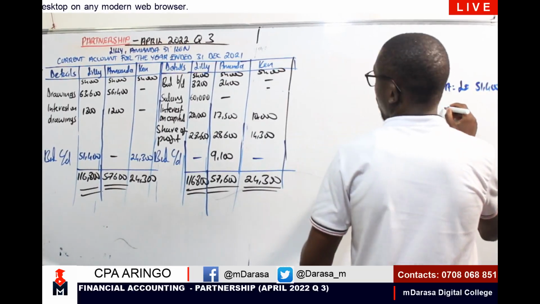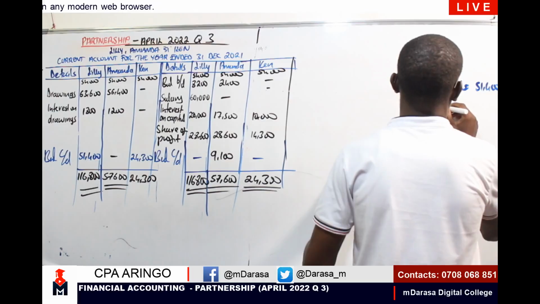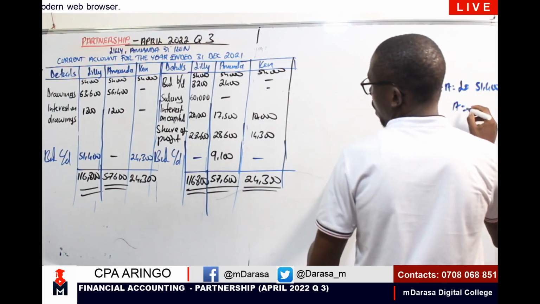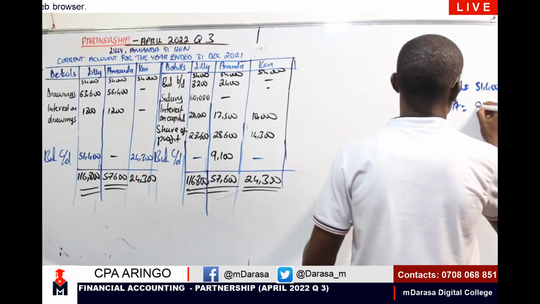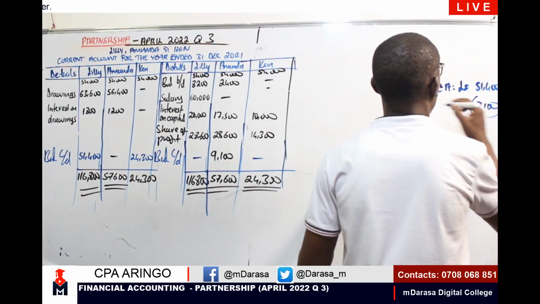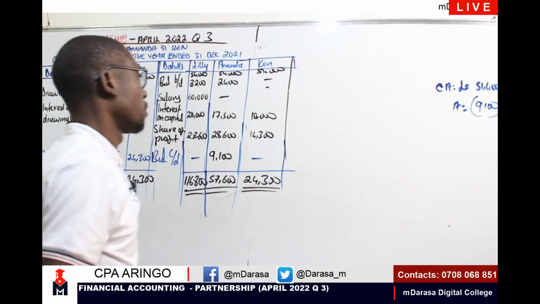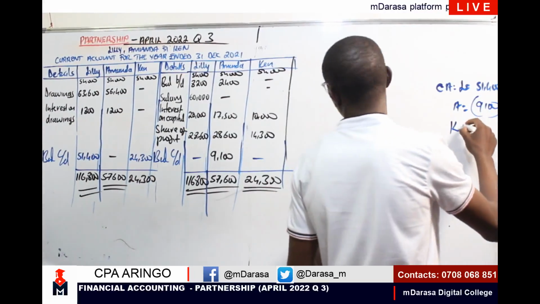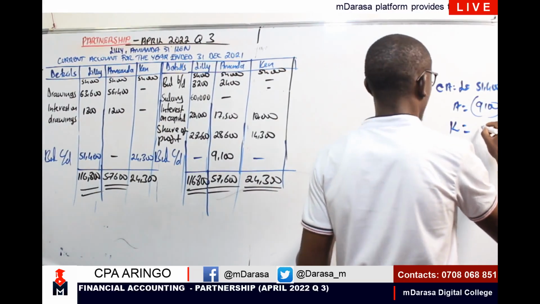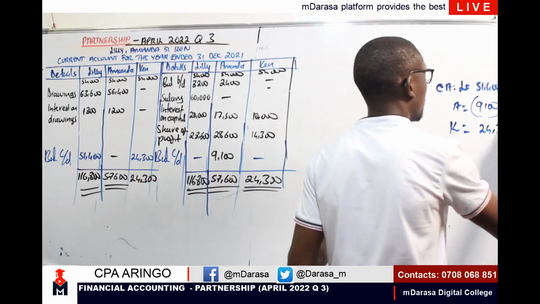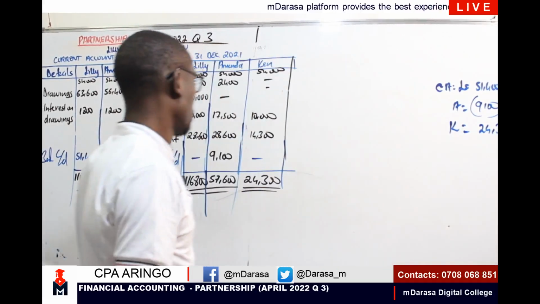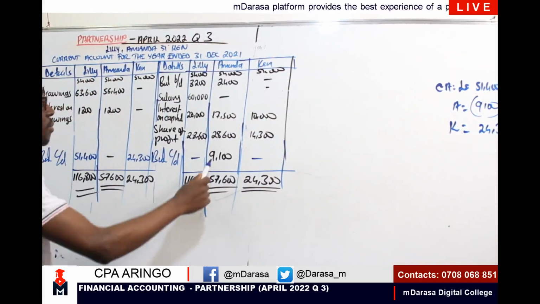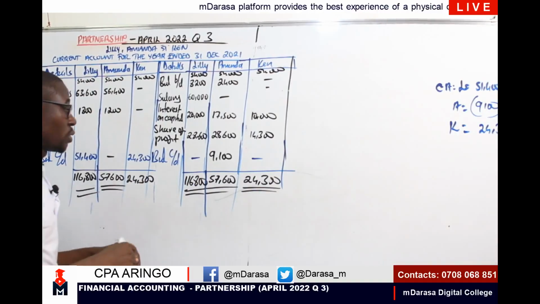For Amanda, I'm having 9,100. That is a debit balance, so a negative. For Ken, I'm having 24,300.